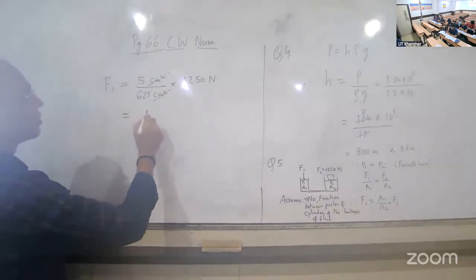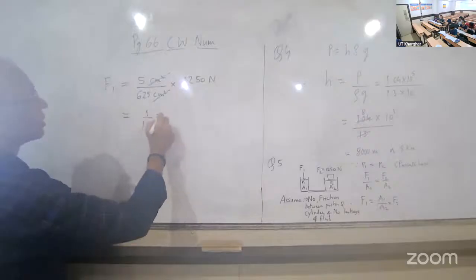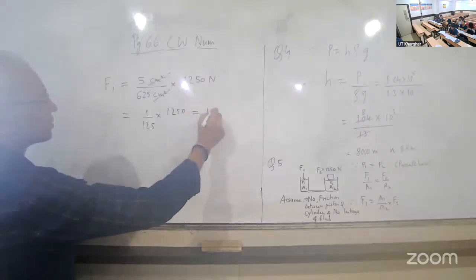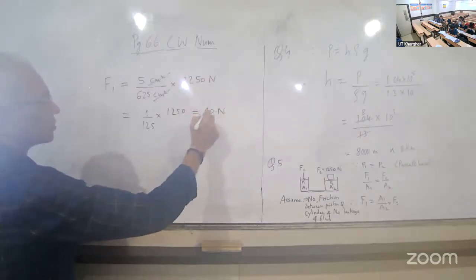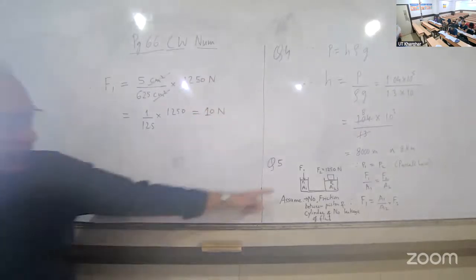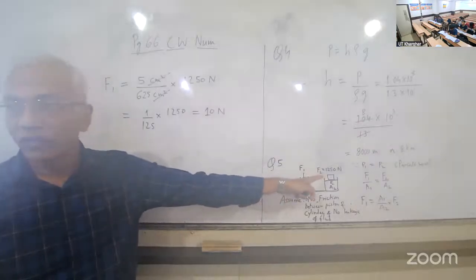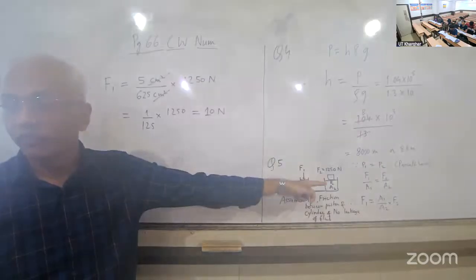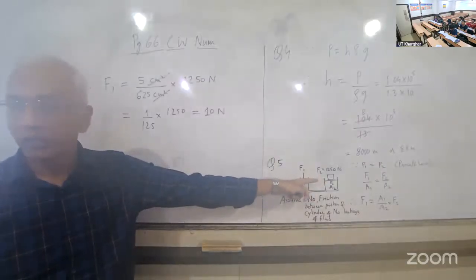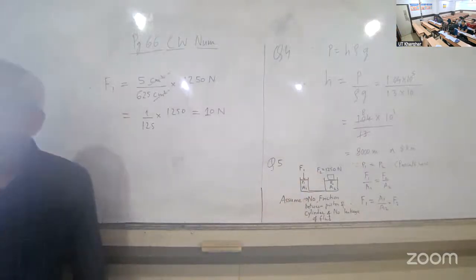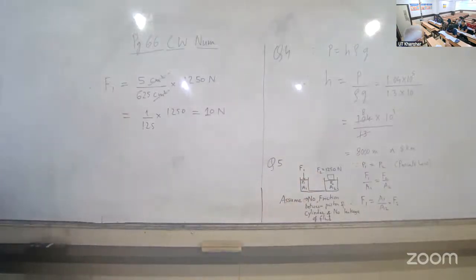So this is 1/125, so how much is this? 10. That means just by applying 10 Newton you can lift 1250 Newton. So what is the force multiplication? 125 times. Force multiplication is 125 times.